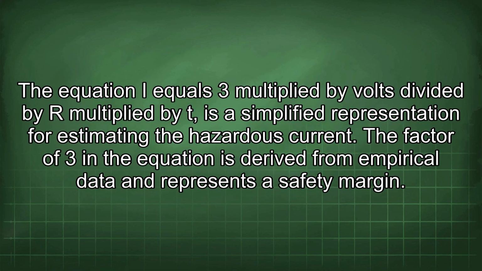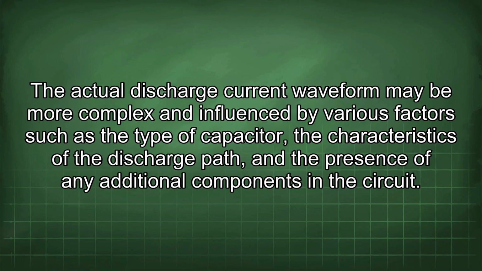The equation I equals 3 multiplied by volts divided by R multiplied by T is a simplified representation for estimating the hazardous current. The factor of 3 in the equation is derived from empirical data and represents a safety margin. The actual discharge current waveform may be more complex and influenced by various factors such as the type of capacitor, the characteristics of the discharge path, and the presence of any additional components in the circuit.